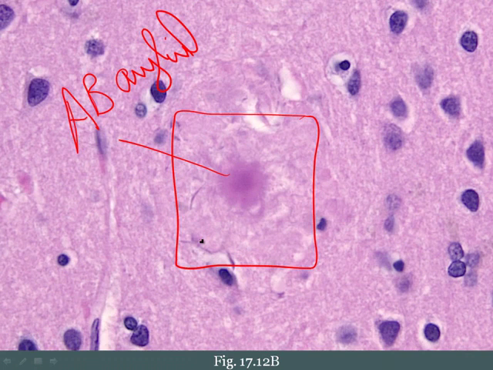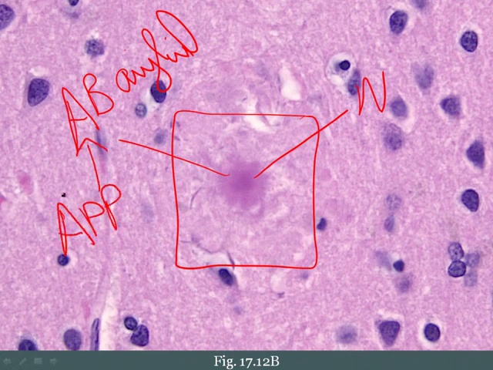And this pink material, as it deposits, it begins to entrap neuritic processes. So that within here, you're also going to have neuritic processes. And so we call this whole thing a neuritic plaque, and it's a combination of A-beta amyloid with entrapped neuritic processes. Now, important to note that this A-beta amyloid is actually derived from amyloid precursor protein.